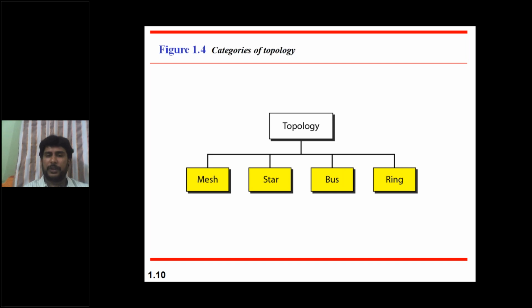Now, based on the way we connect those devices, we have different types of topologies. The best way to understand the term topology is the way students sit in the class. The way they sit during the lunch hour is different.